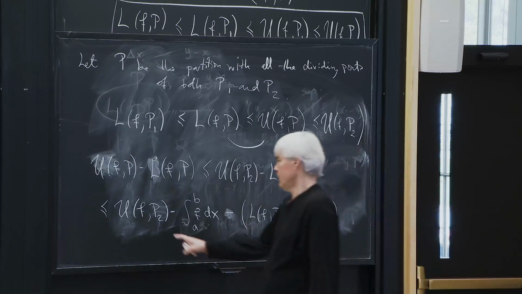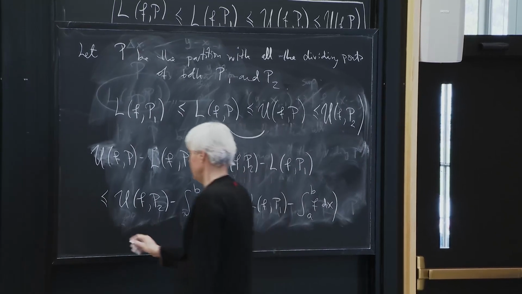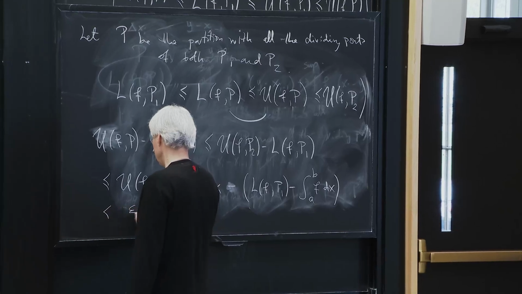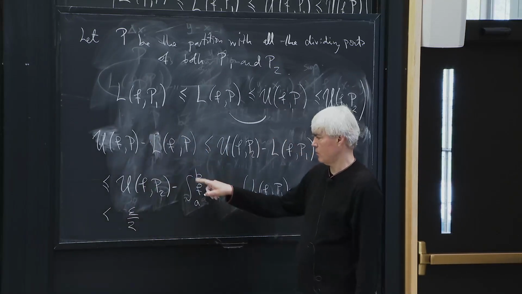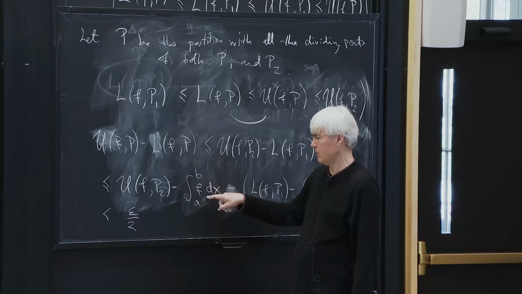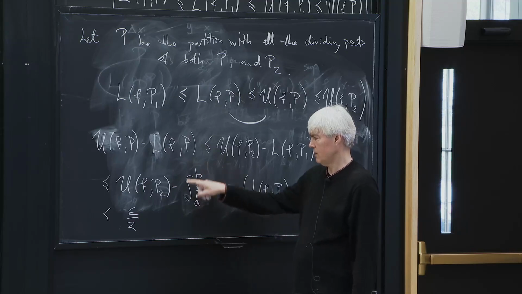And this one here, we already found that this was bounded by epsilon over 2, right? Remember, we're assuming that it's Riemann integrable, so this here is the same thing as when you have the upper one.